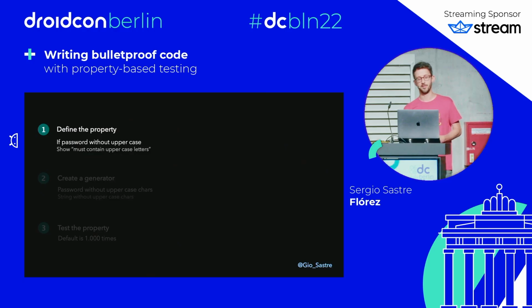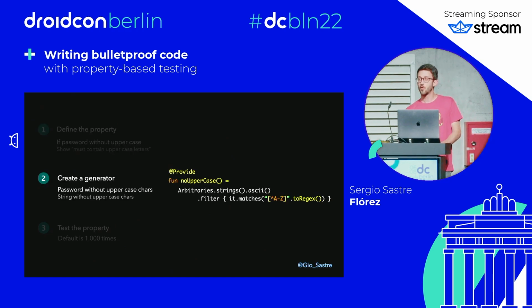When writing property-based tests, the first one is to define the property. In this case, it's very simple because the requirement reads like a property. You have a password without uppercase, then show this error. So easy peasy. The second one is to create a generator, because we want to create basically a string without uppercase characters.